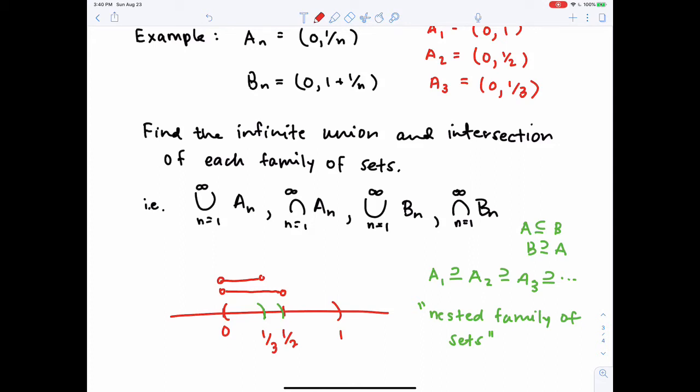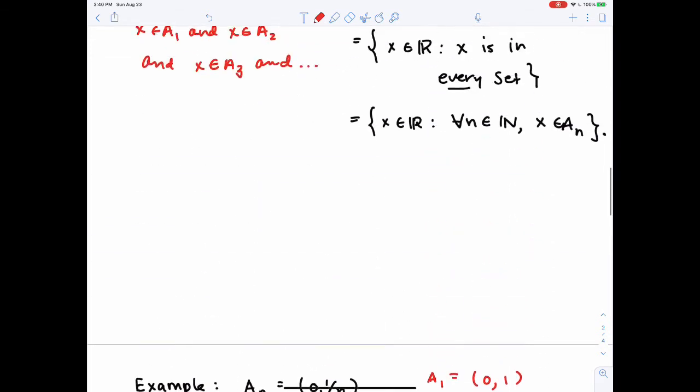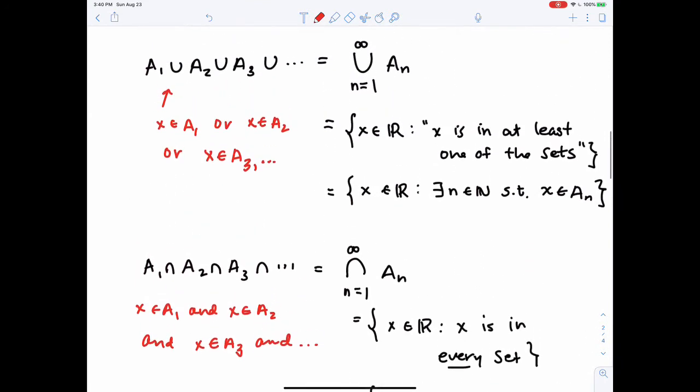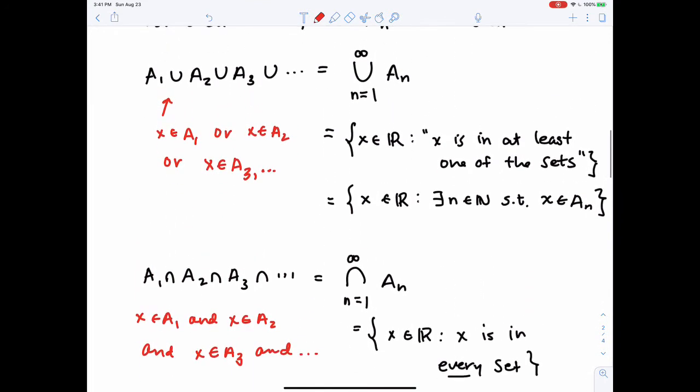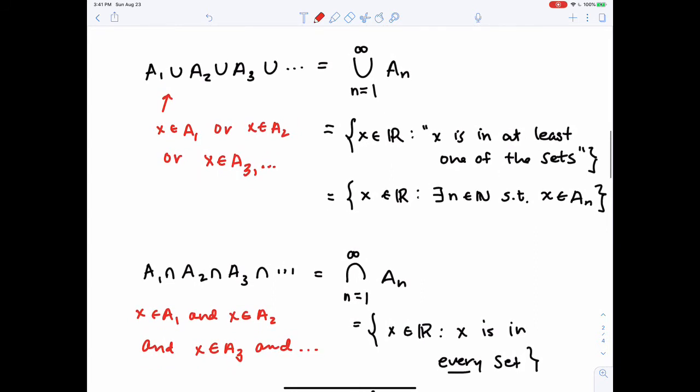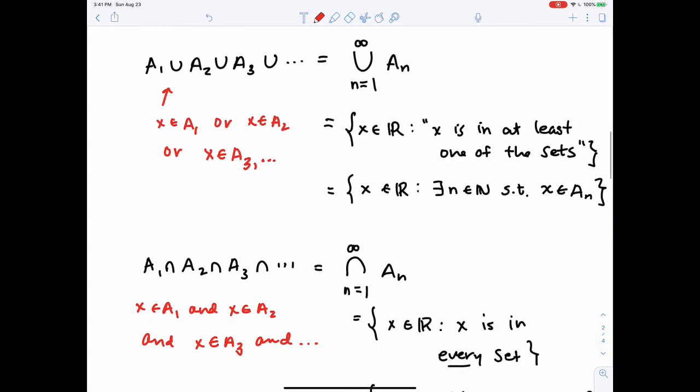So what I recommend doing right now is to pause the video and try to work through computing the union and the intersection, keeping in mind our definitions. If I'm doing the union of all my intervals A sub n, I want to think about which x values I want to collect: all the x values that appear in at least one of the sets.